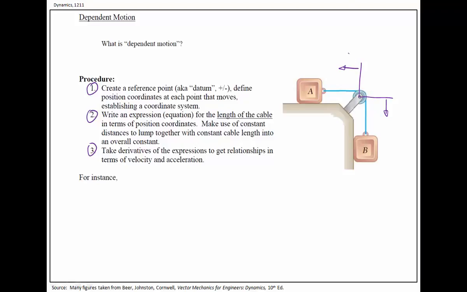We're going to define positive as going away from that datum. So the position of the pulley right here is going to be something we can call SA, instead of using X, because it's not all horizontal. Even though these appear to be in two dimensions, we're really treating it like a one-dimensional thing, because when it moves in one direction, the other moves an equal amount.